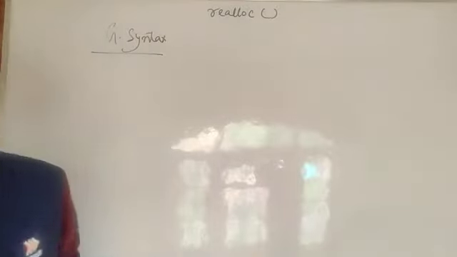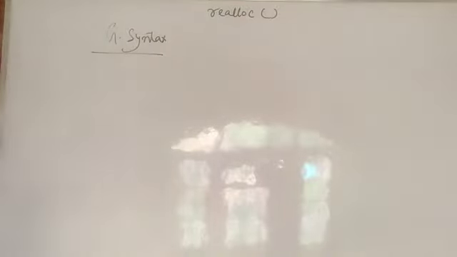General syntax of realloc memory. First, we can simply write here realloc. And this realloc function takes two arguments. As we have discussed in the previous video, malloc function takes only one argument and calloc function takes two arguments. This realloc function takes two arguments.